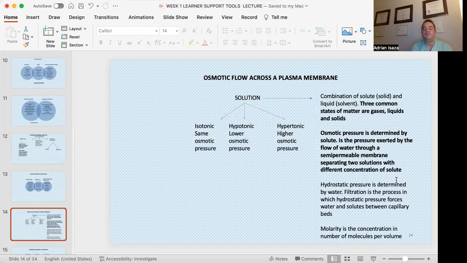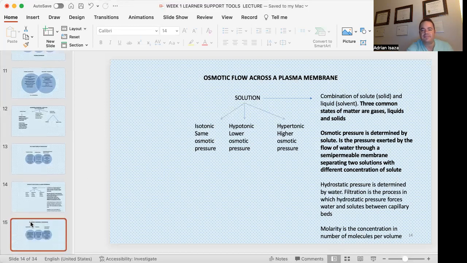Anyway, to not make it too complicated, know the things that I'm bolding here. What are the common states of matter? Gas, liquid, and solid, right? Although for this slide, the most important one is solid. What's creating osmotic pressure is solid concentration, right? And that's the definition of osmotic pressure. It's bolded. Make sure you know that.